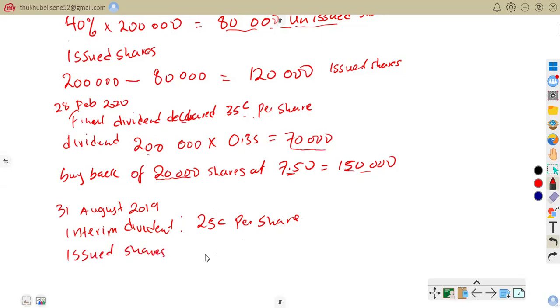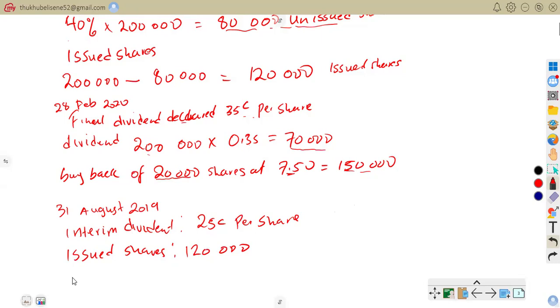We remember the shares that we issued is what? 120,000 shares. And we are told that the dividend is 25 cents per share. The interim dividend was paid during the year.